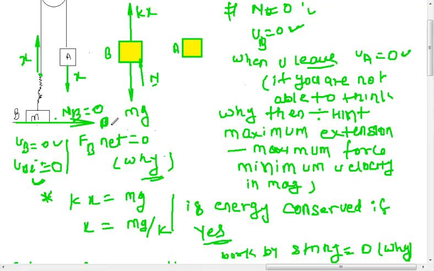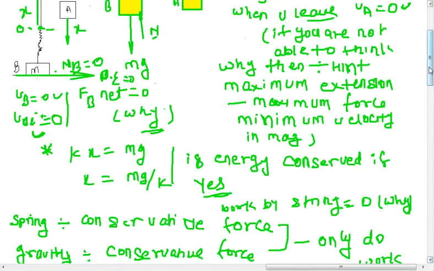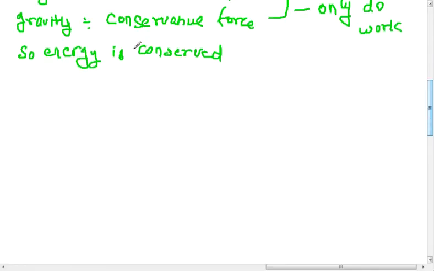And when the spring is in its natural length, its potential energy is 0. So let me write down about it.